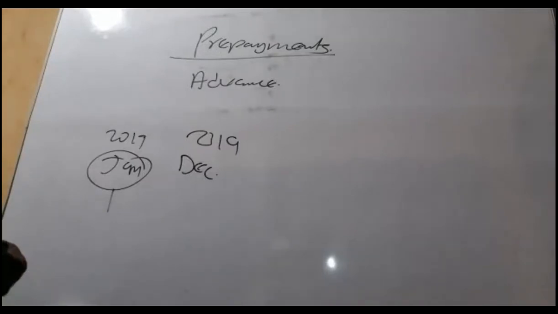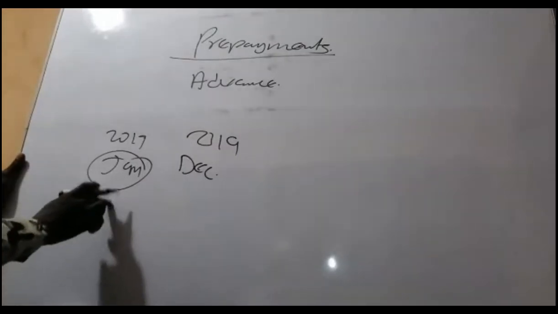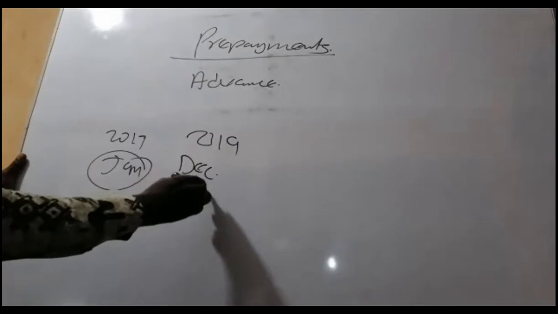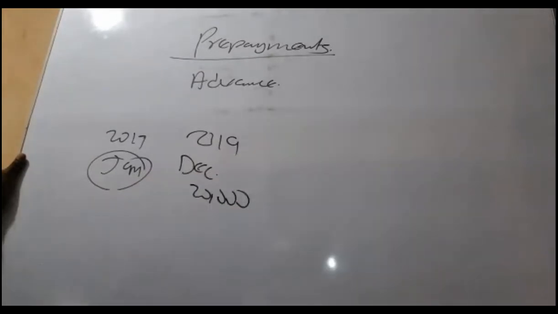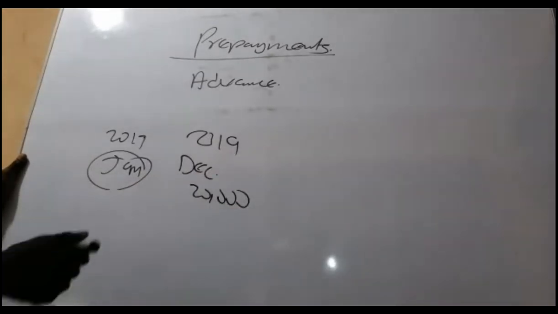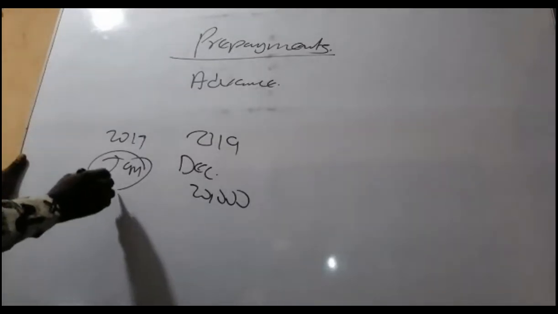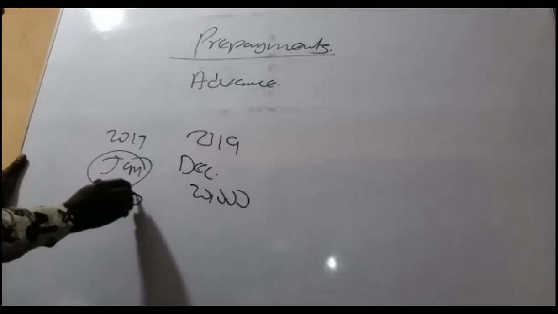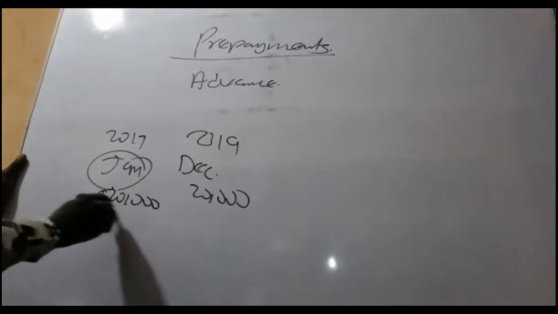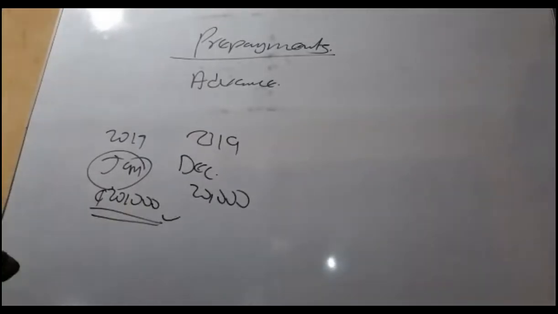Maybe you're supposed to pay 20,000 in December. I don't want trouble, so let me pay it. We gave a 1 year interval, or 12 months. So on the 15th of January, we gave them the money, 20,000 Ghana. So the question is, will it be prepayment or not? Anyone who will try for me?